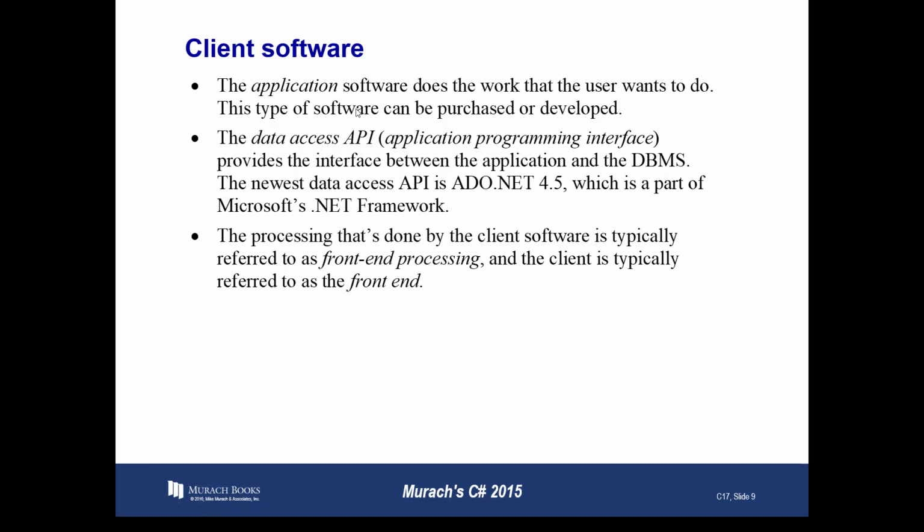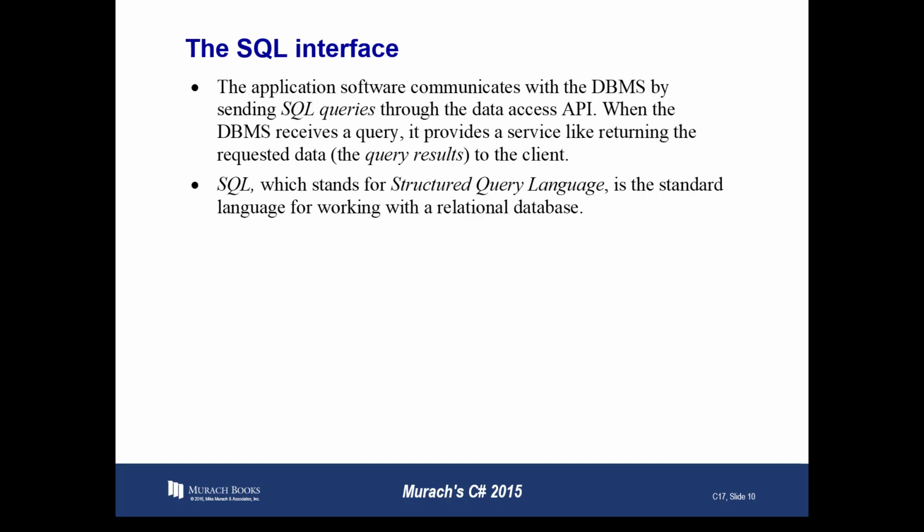The application software, as it says, does the work the user wants to do. All right. That's a pretty bold statement, and it says it can be purchased or developed. It depends on what it is you do want to do. The processing done by the client is typically referred to as front-end processing. Okay? All right.